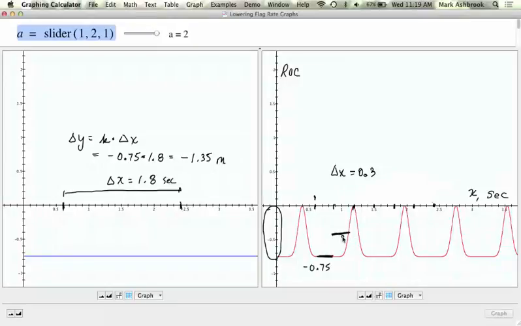So what if we just pretended, over that 0.3 interval, that it was negative 0.4? That's better.